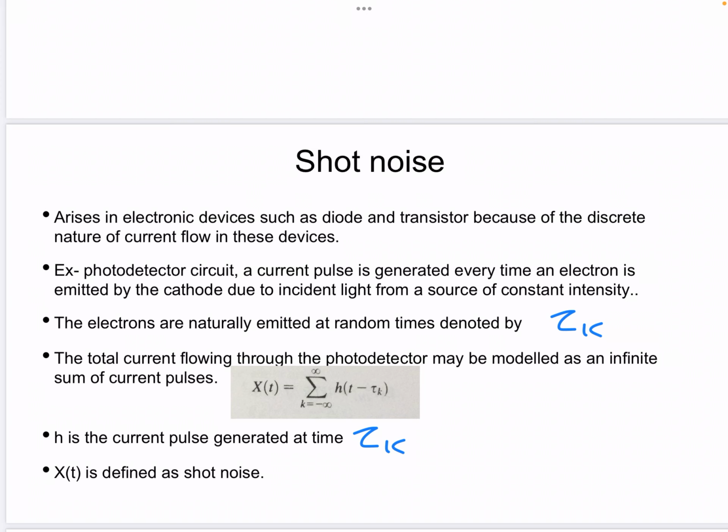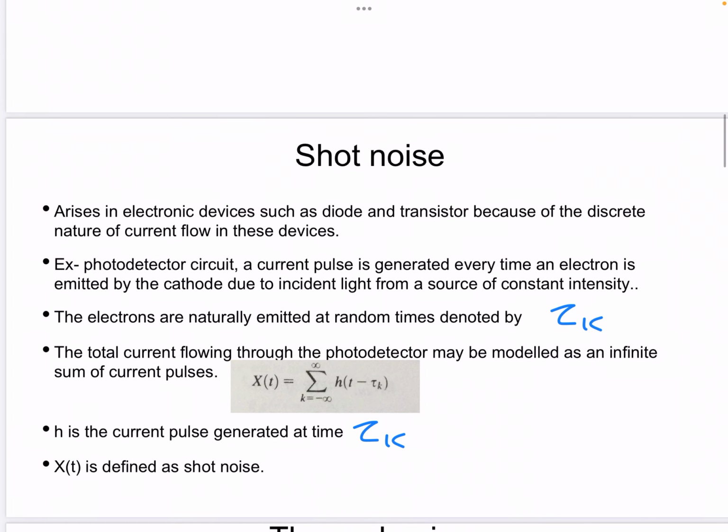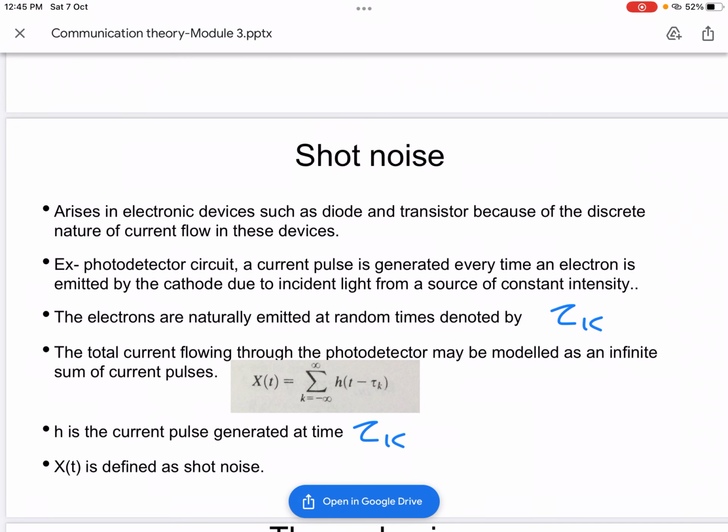We call that shot noise. The number of electrons N of t emitted in the time interval 0 to t constitutes a discrete stochastic process, the value of which increases by 1 each time an electron is emitted.